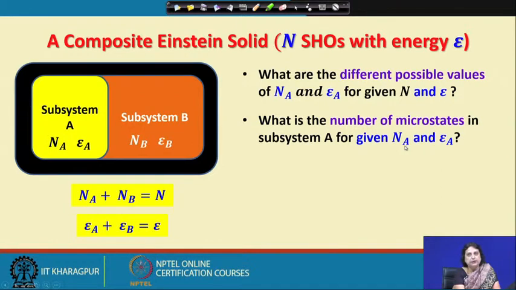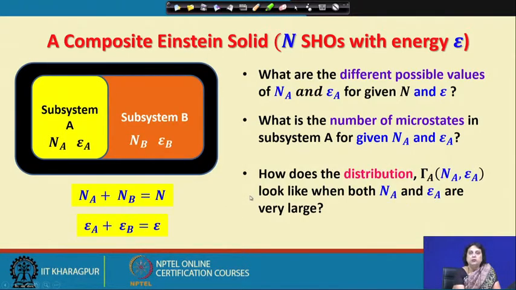But please remember that these two values are always controlled by these two equations. And finally, we would like to know what the distribution of the number of microscopic states in subsystem A looks like when both N A and epsilon A are very, very large.